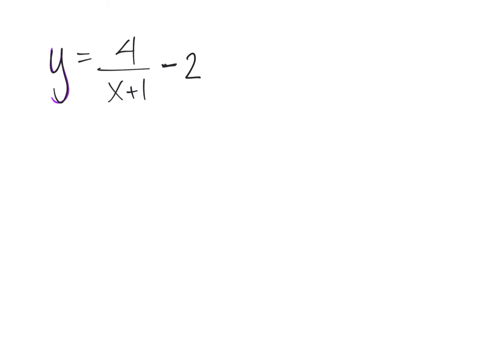Okay. We'll do our next example, 4 over x plus 1 minus 2. We're going to first write down your vertical and horizontal asymptotes. So take a second and write those down. What is our vertical asymptote?